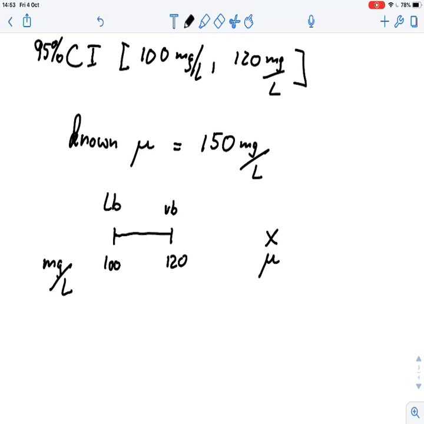First of all, is this true population mean included in the interval? Yes or no? No, of course not. Trick question.